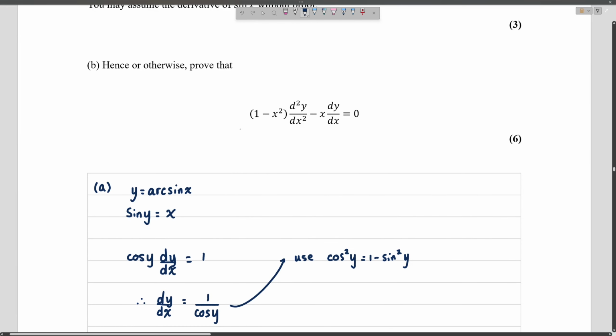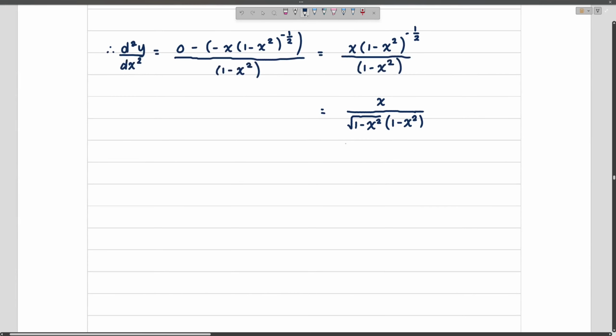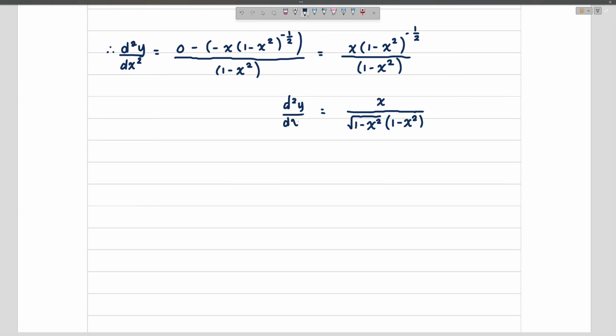Okay. Now, if we just go back to part B then of this question here, what we have then is 1 minus x squared times the second derivative here. So what I've got then is this here for the second derivative. That's d squared y over dx squared, like so. So what happens here then if we times this by 1 minus x squared? So therefore 1 minus x squared times by the second derivative here. What does that give us then?